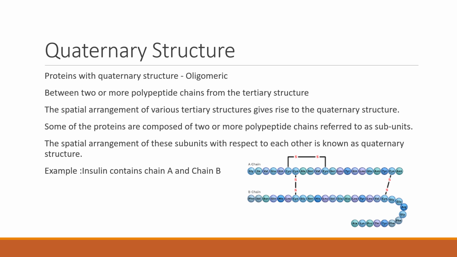A typical example is the one that everybody knows, human insulin, which is made of two chains, chain A and chain B. Both these chains are produced separately during the process of transcription and translation, whereas they undergo a proper linking between each other to finally form a functional insulin molecule.